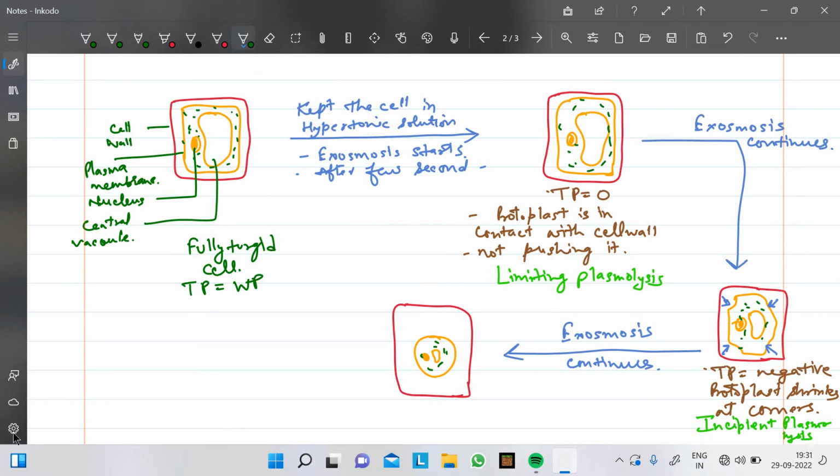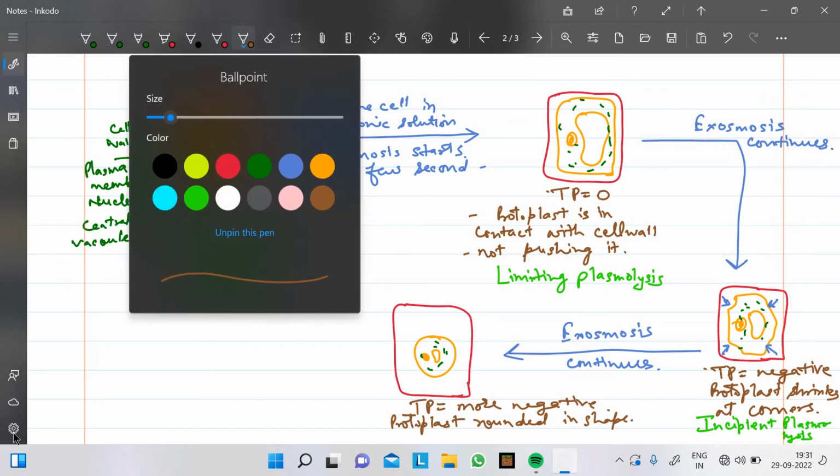What will happen in this stage? Turgor pressure is more negative and the protoplast is rounded in shape. This stage is called the third stage of plasmolysis, that is evident plasmolysis.